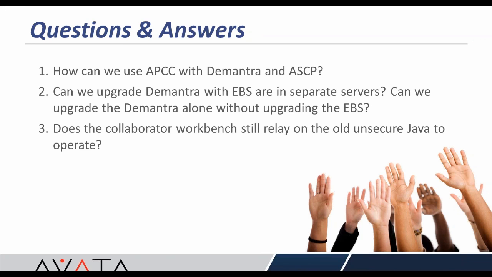Earlier on, when we implemented Demantra, we had to find good, stable versions of Java. So, for example, 7.3.1 used to work on Java version X.X. However, the latest versions of Demantra are more and more suitable to work on the newer versions of Java. So that has improved a lot from a Java perspective.